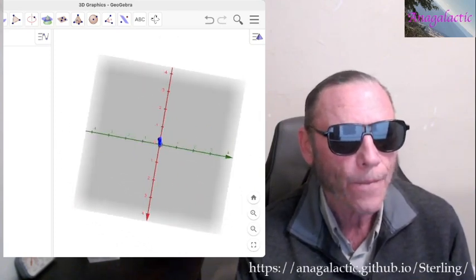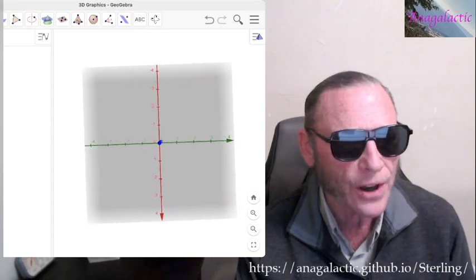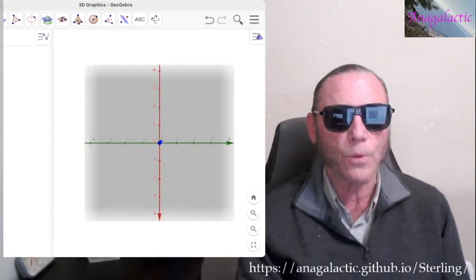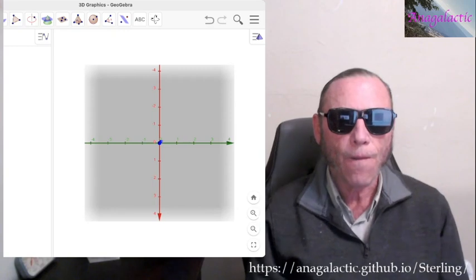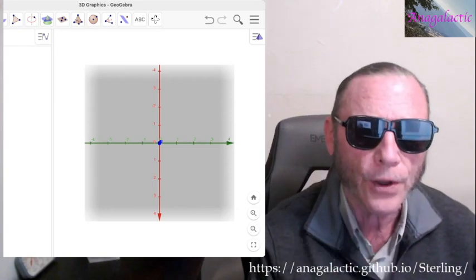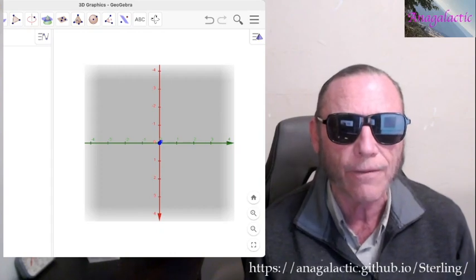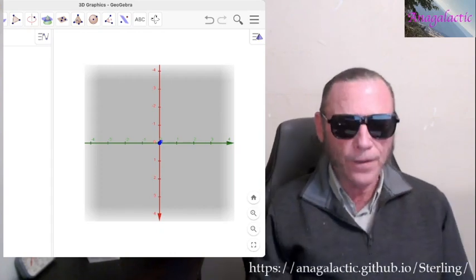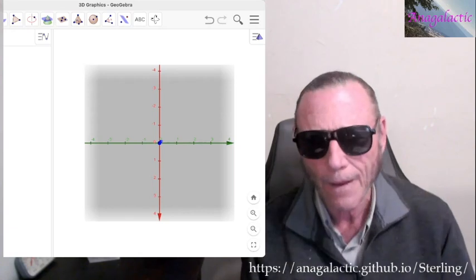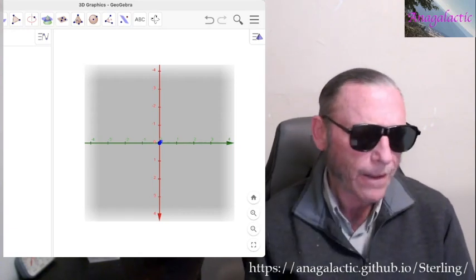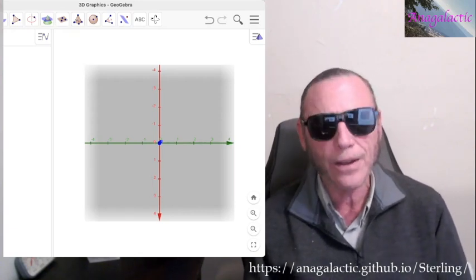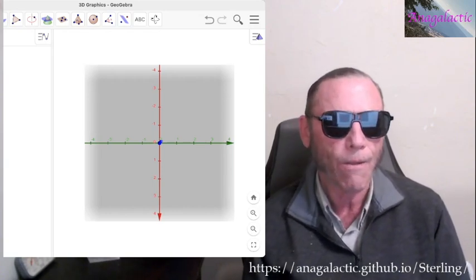Orthogonality. This magic relationship between 2 straight lines, which if you add the third, it's imaginary and invisible.